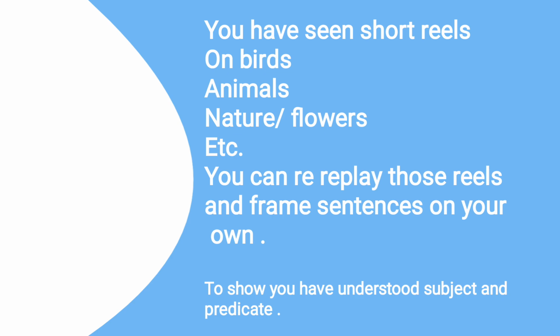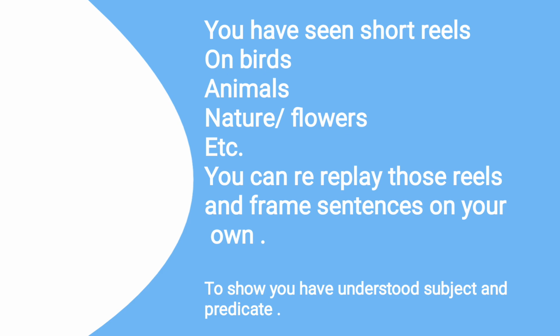So go back to the short reels on animals, birds, nature, flower, whatever you've seen, and whatever you understood from those short reels. Based on those reels, you're going to frame sentences to show this to me that you've understood subject and predicate.